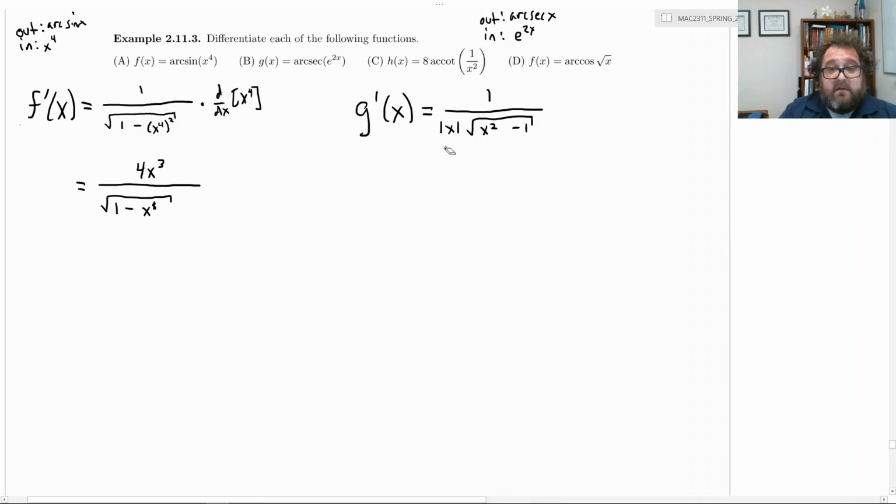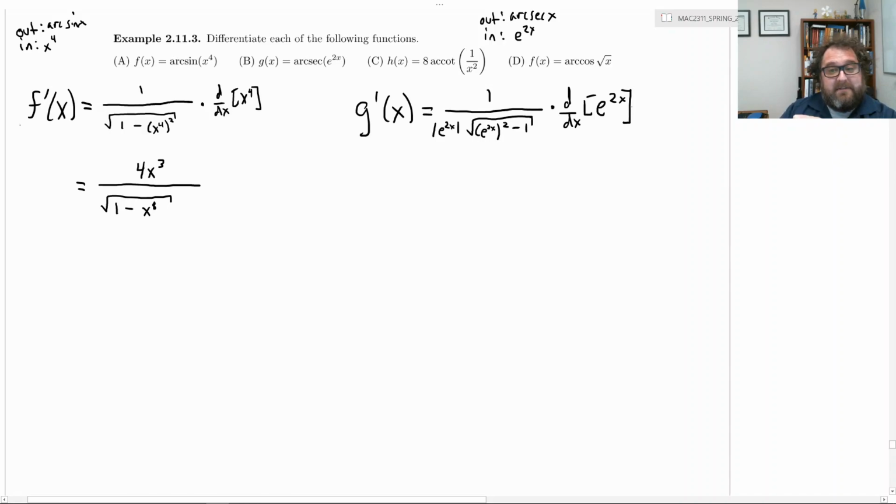So we plug in e to the 2x instead of those x's: e to the 2x, and then e to the 2x squared. And then step 3 of the chain rule says we multiply by the derivative of the inside function, like so.